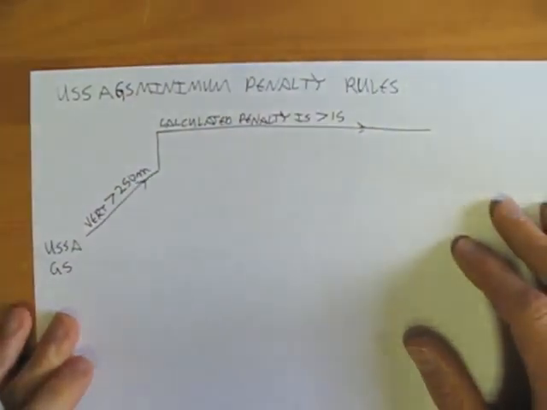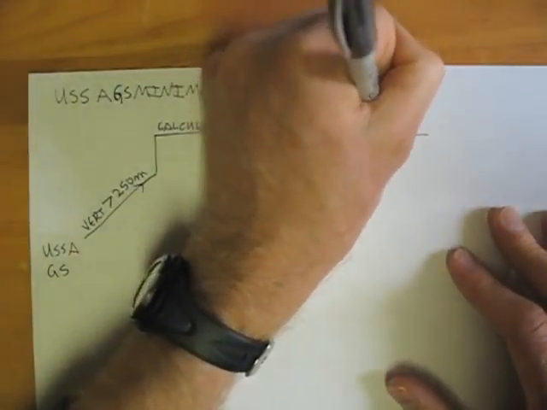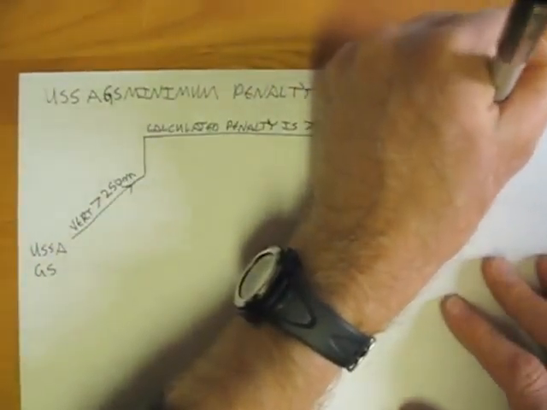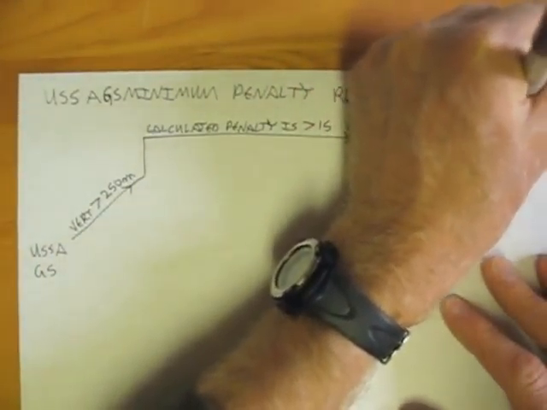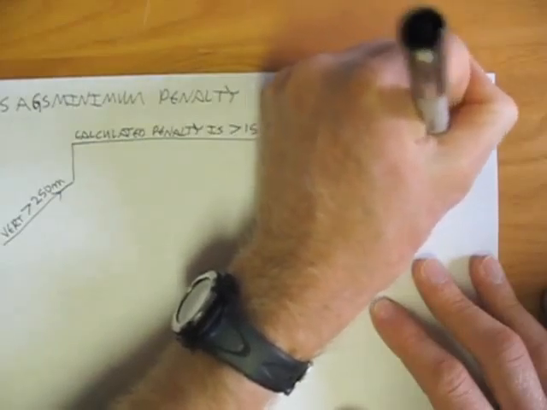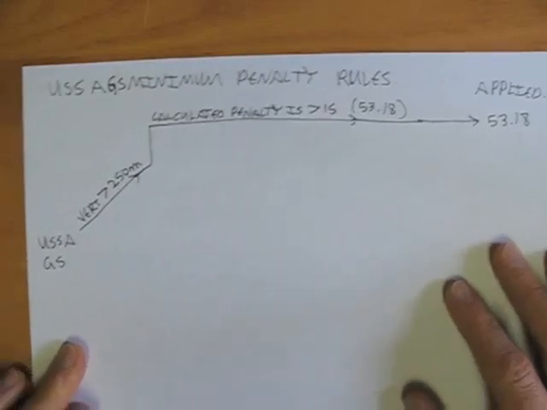Suppose your calculated penalty is greater than 15. Let's say, as an example, 53.18. Then the applied penalty is going to be 53.18. So this is just normal.